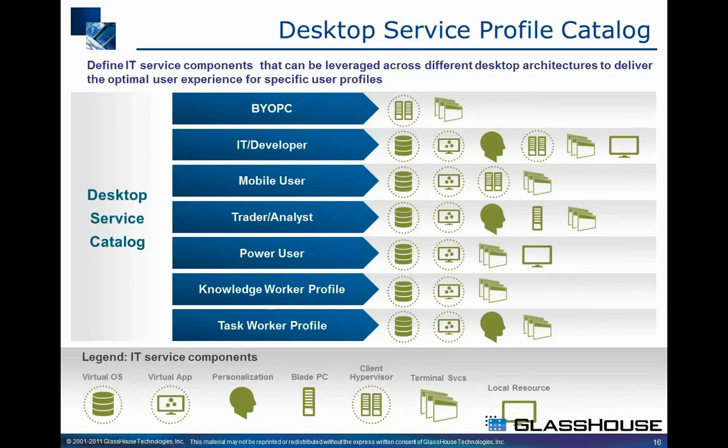So power user may still very much be using a local workstation with local compute power, and also virtual resources for maybe specific projects that the user's working on, or specific applications where it doesn't really make sense to run it locally, but can be virtualized.